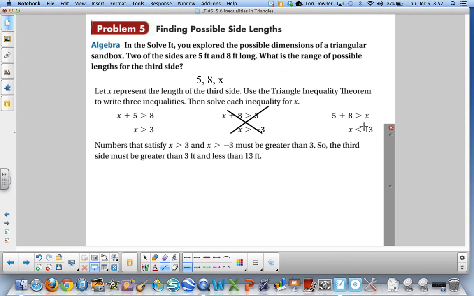Here, x has to be less than 13. So the third side must be greater than 3 and less than 13. We can write that as x has to be greater than 3 and x has to be less than 13.